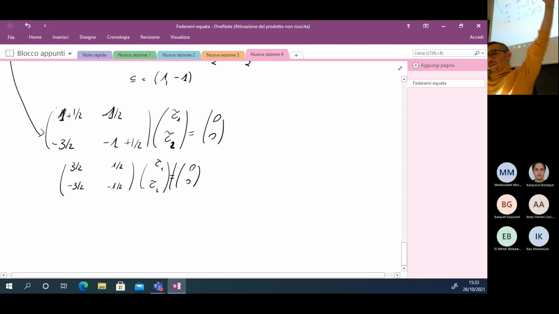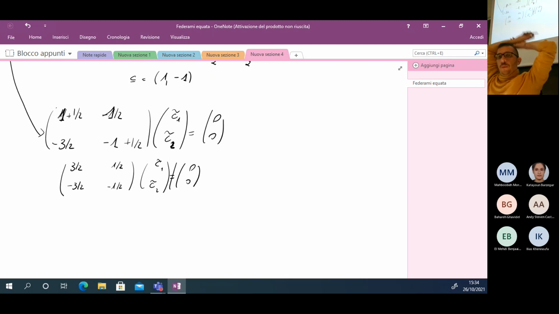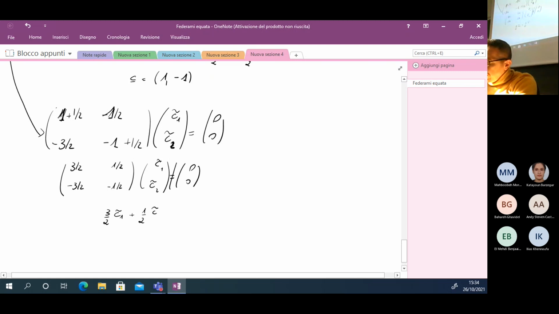This is again the case in which the second row is proportional to the first one multiplied by minus 1. So basically the solution of this equation is given by 3/2 C tilde 1 plus 1/2 C tilde 2 equal to 0. The second equation is the same.